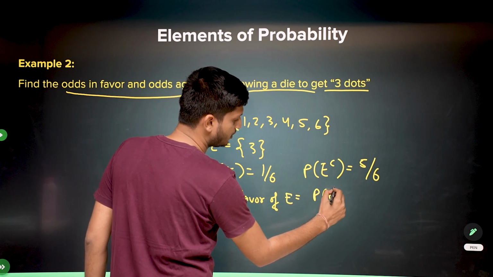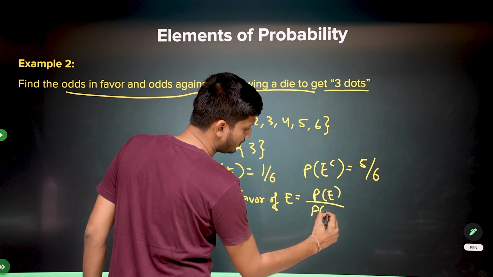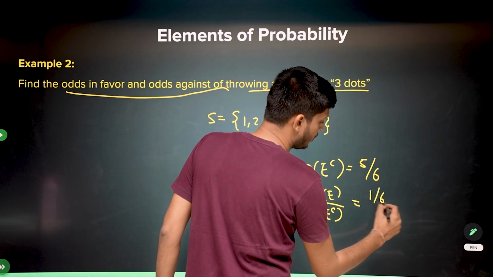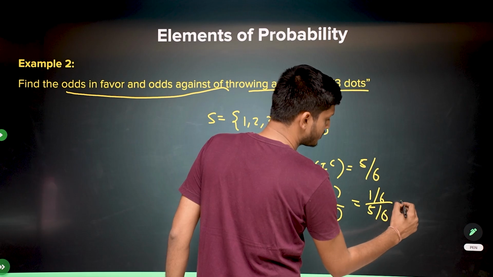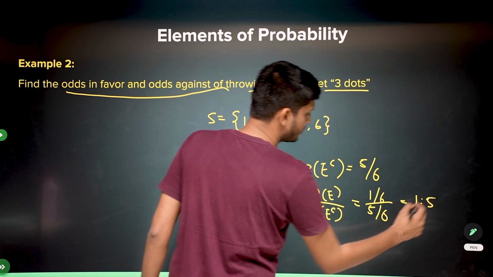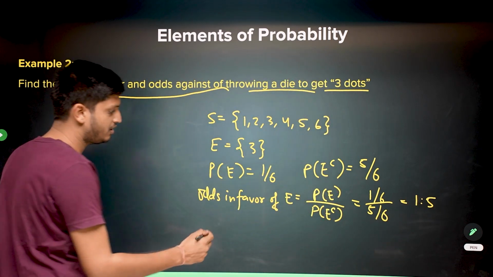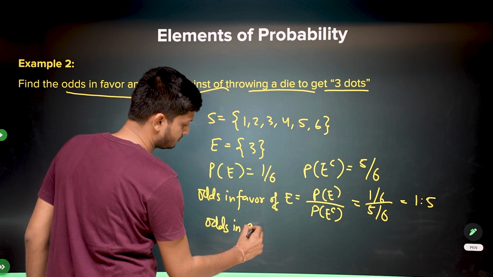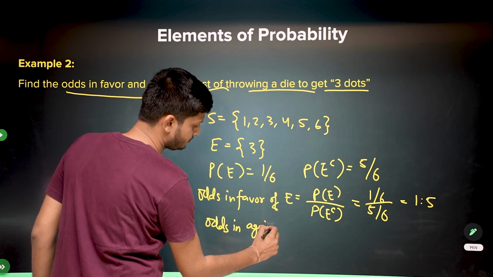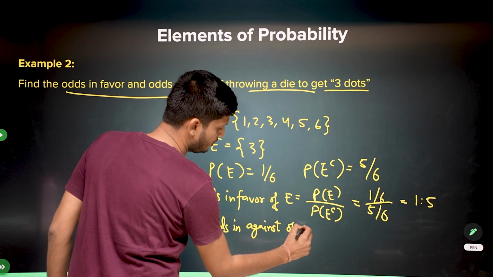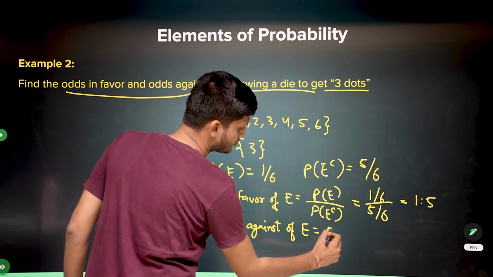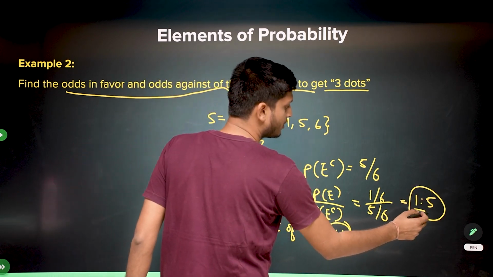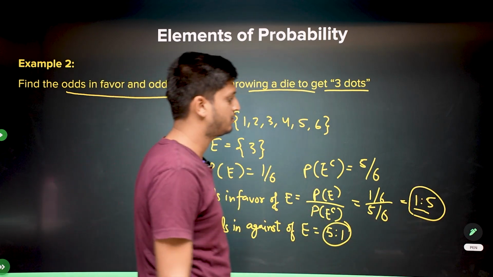Probability of E upon probability of E complement, which is 1 by 6 upon 5 by 6, which is 1:5. Similarly, odds against will be reversal. So odds against E is 5:1. So generally speaking, this experiment passes one time and fails 5 times.